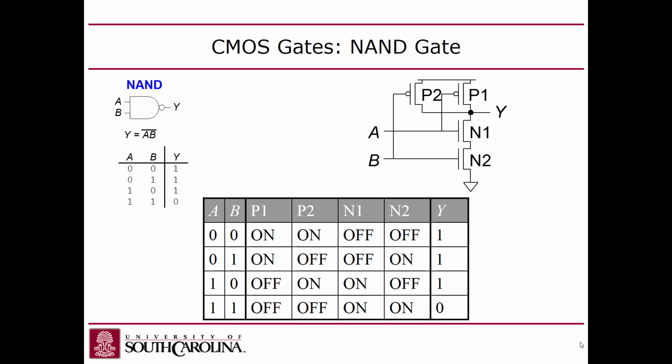So we want to have an OR, so we want to have not A and C in series, in parallel with not B and C.